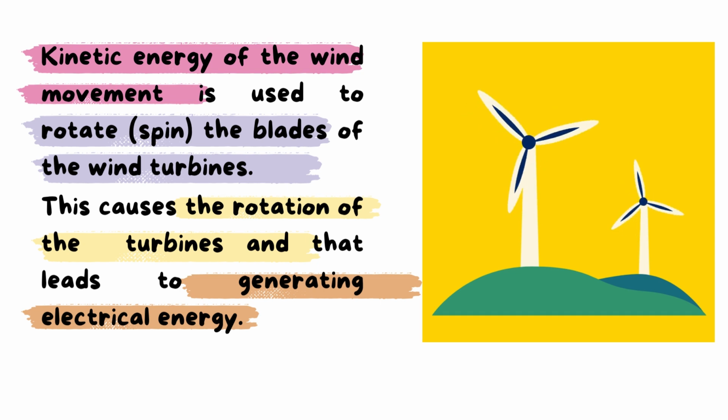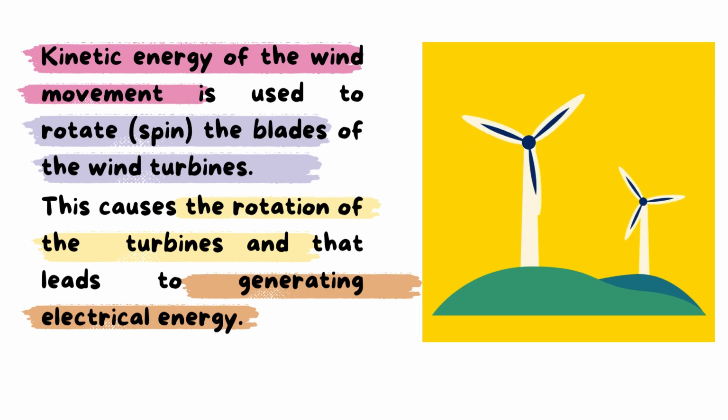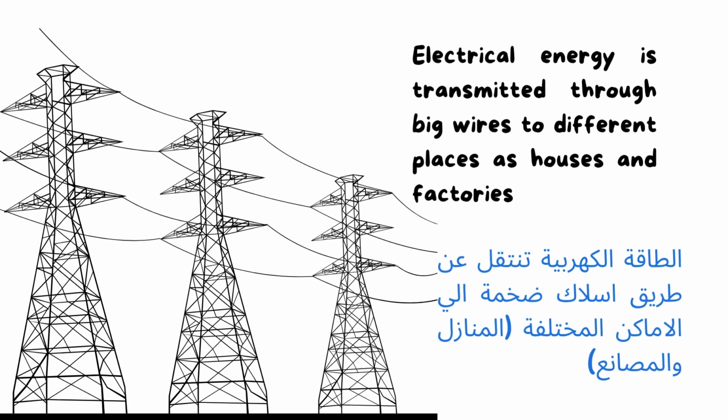In the wind turbines, the kinetic energy is converted into electrical energy. This electrical energy is transmitted through big wires, as you see here, to different places such as houses and factories.